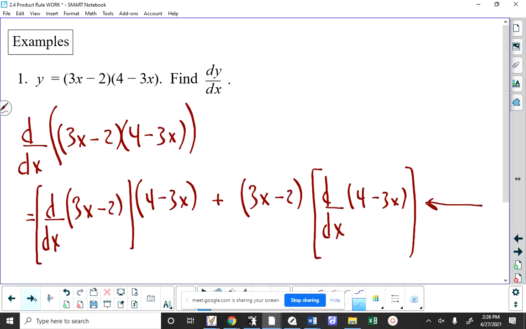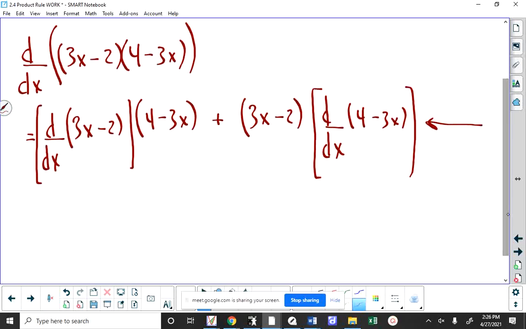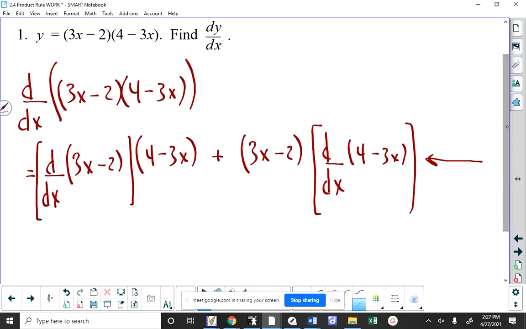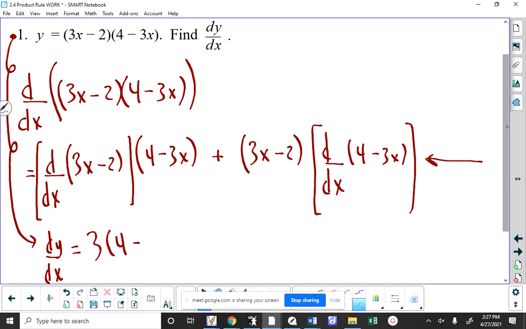I'm just explaining what it is we're doing. When you see a question like this, I don't even think you need to write anything I've written. You can go right from here to dy dx equals 3 times 4 minus 3x plus 3x minus 2 times negative 3.